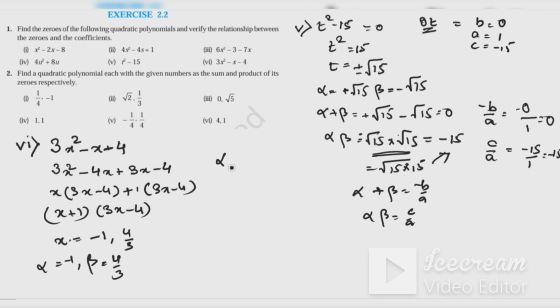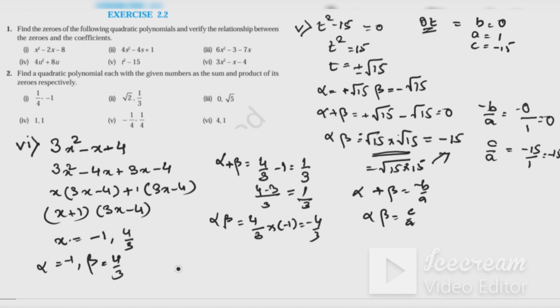So what is the value of alpha plus beta in this case? 4 by 3 minus 1, which is 1 by 3. Take 3 common, LCM, 4 minus 3, which is equal to 1 by 3. Right? What is alpha beta? Alpha beta is 4 by 3 into minus 1, which is minus 4 by 3.